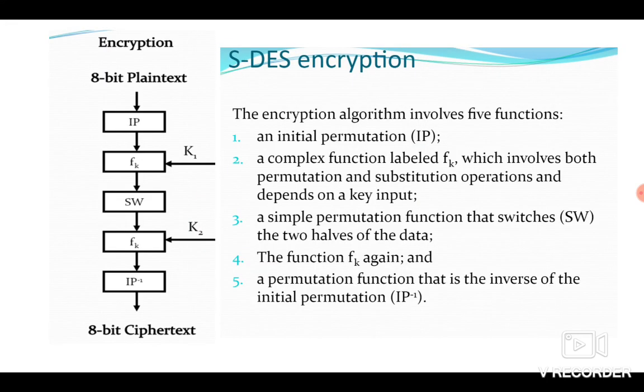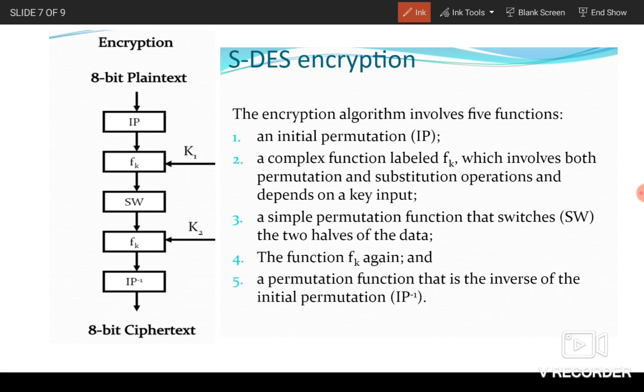So what is happening in SDES encryption? The SDES encryption algorithm involves 5 functions. One is the initial permutation, the second one is the complex function fk, which operates on the plain text block and the key, and comprises permutation and substitution operations.